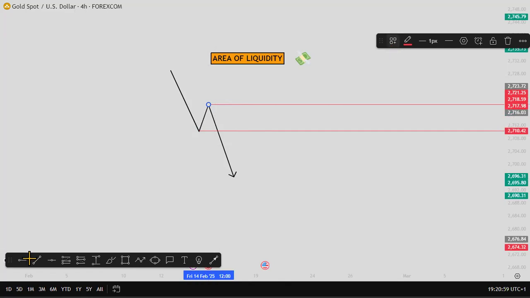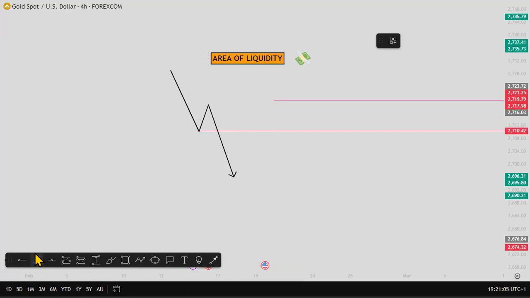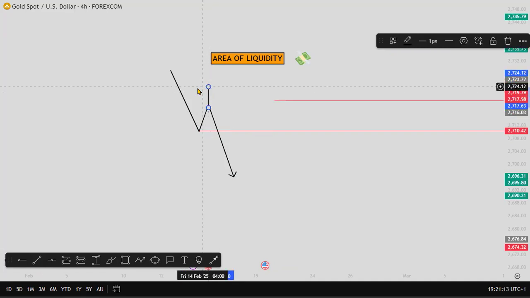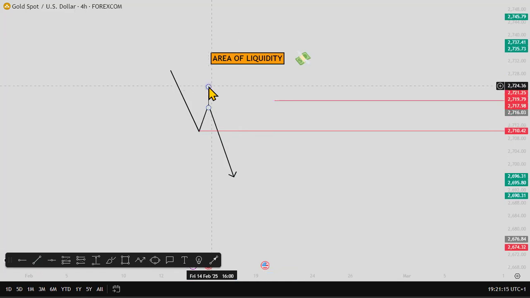Now, if you go to your actual candlestick chart, if there is a candlestick here, that candlestick may have a wick. So if you have a wick up to this level, it doesn't matter how high it is or how short it is.